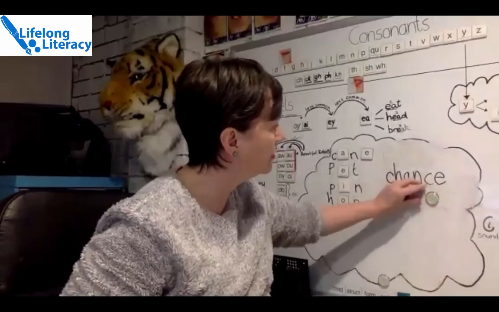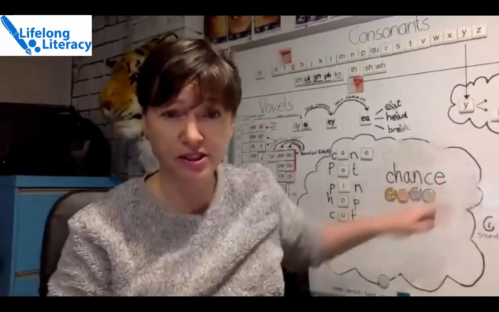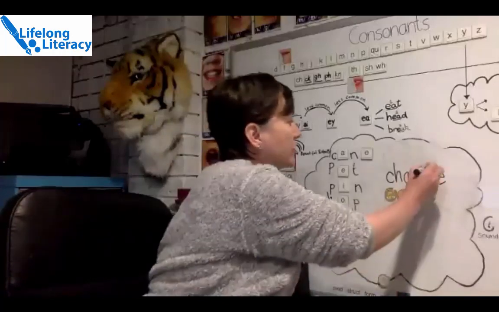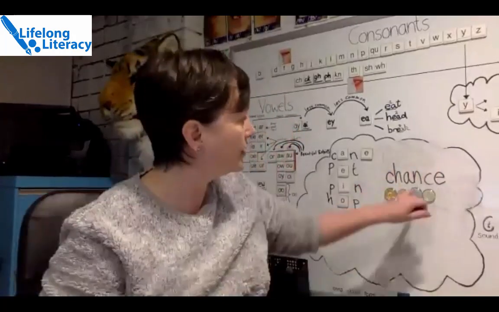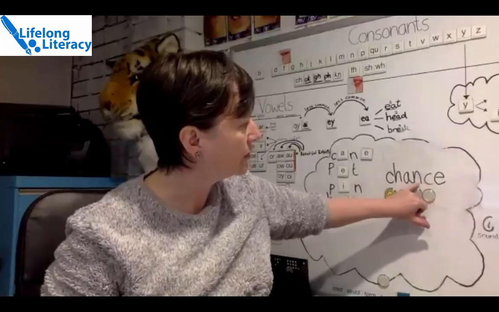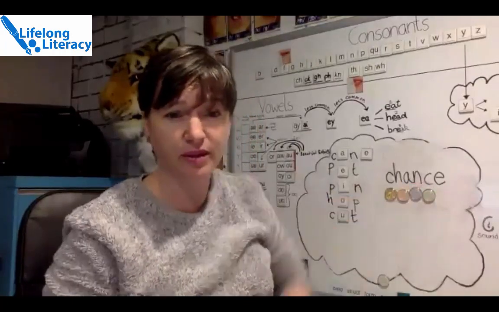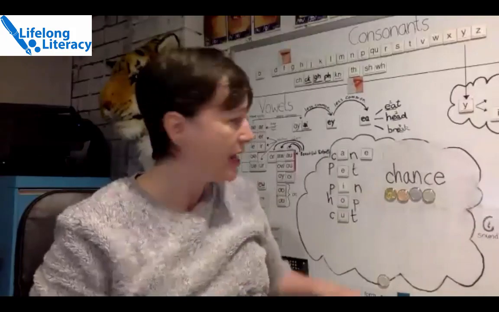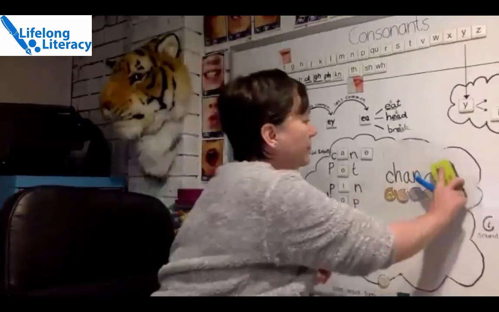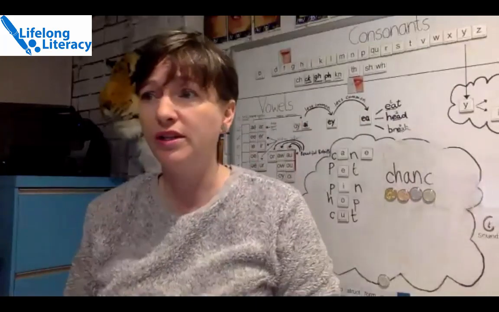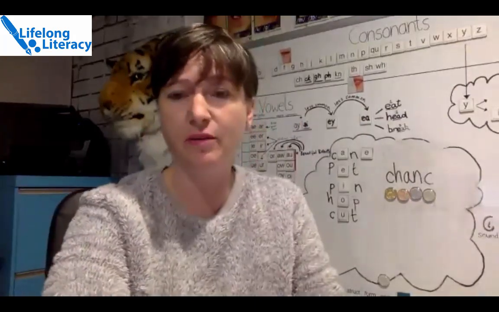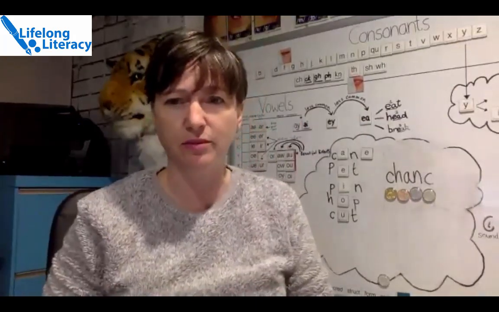No sound for E. It's final silent E again. But it is not doing anything to affect that A. It's separated. It's too far away. Separated by two consonants, it can't have an effect. However, if we took away final silent E, it would stop signaling something in that word. What is it that it is signaling in that word? What's it telling us to do?